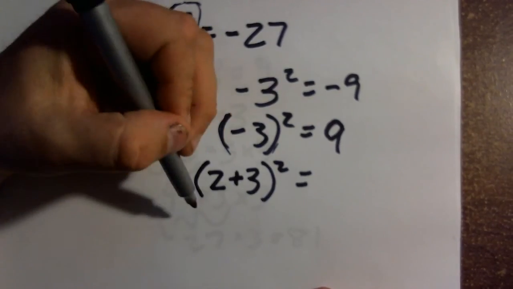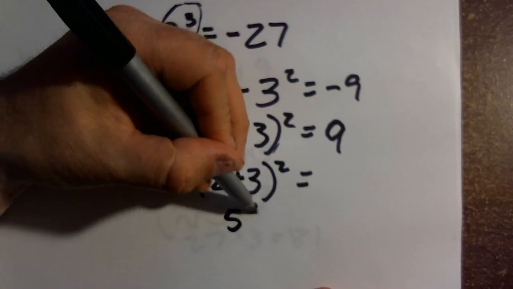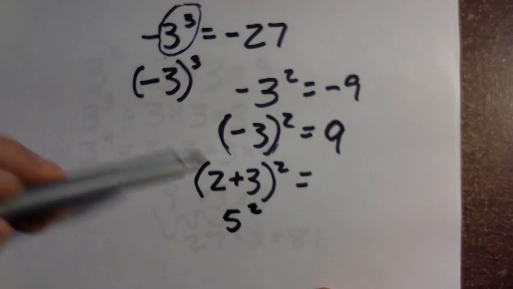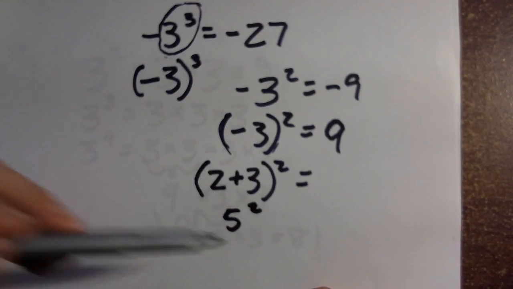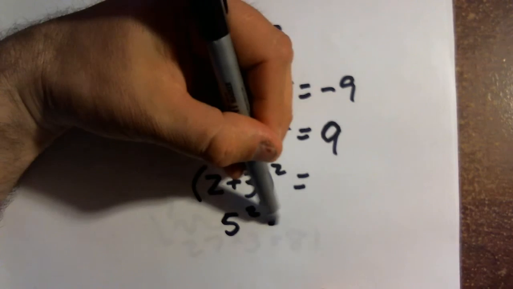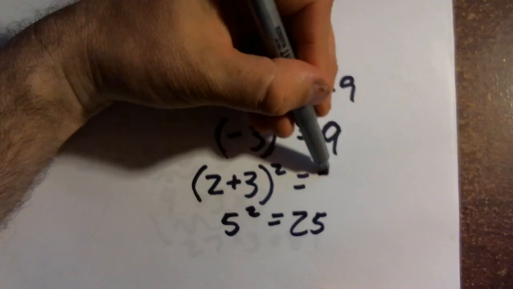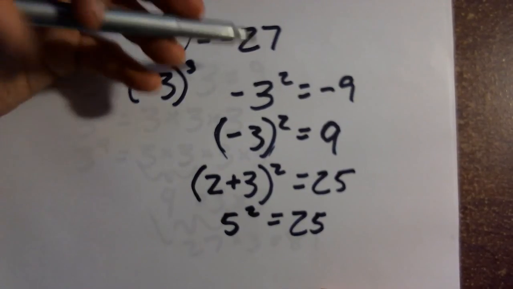So what's in the parentheses? 2 plus 3 is 5, and then that to the second power comes in. So this second power is touching everything in the parentheses, which is 5. So 5 times 5 is 25. So this would equal 25, right?